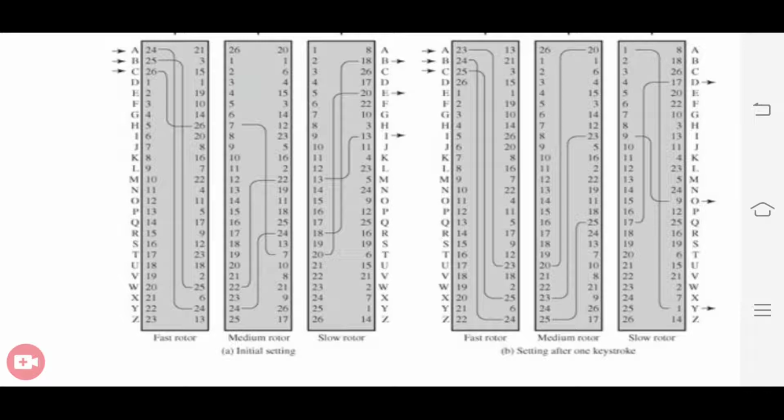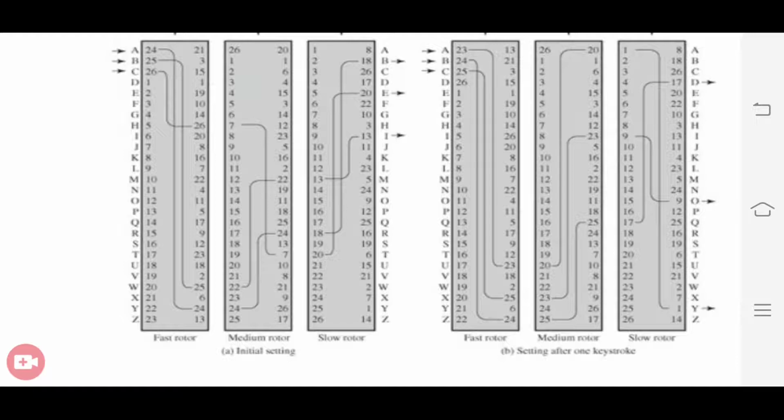Then in the next, the medium rotor, this 24th output pin of the first rotor is connected to the second rotor's 24th pin. Then from the 24th pin to the 24th output of the second rotor. Then the 24th output pin of the second rotor to the 18th input pin of the third rotor. Then it will be connected to the 18th output pin of the third rotor. It will produce B as output.